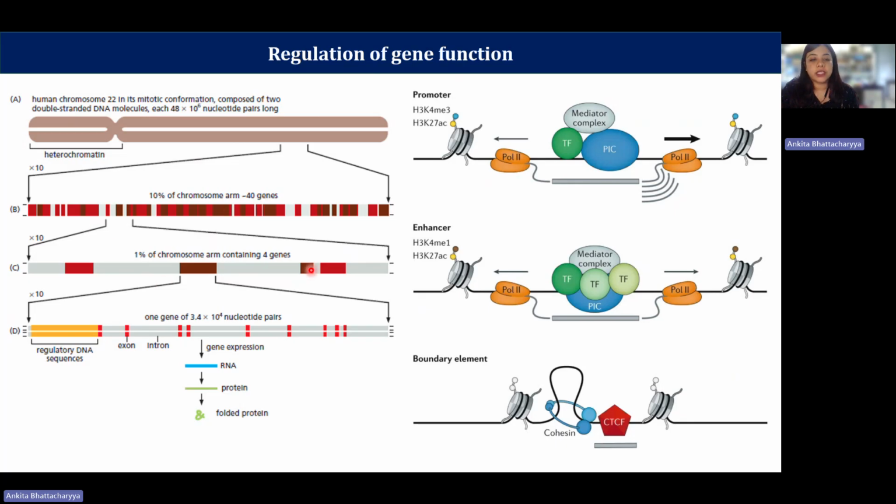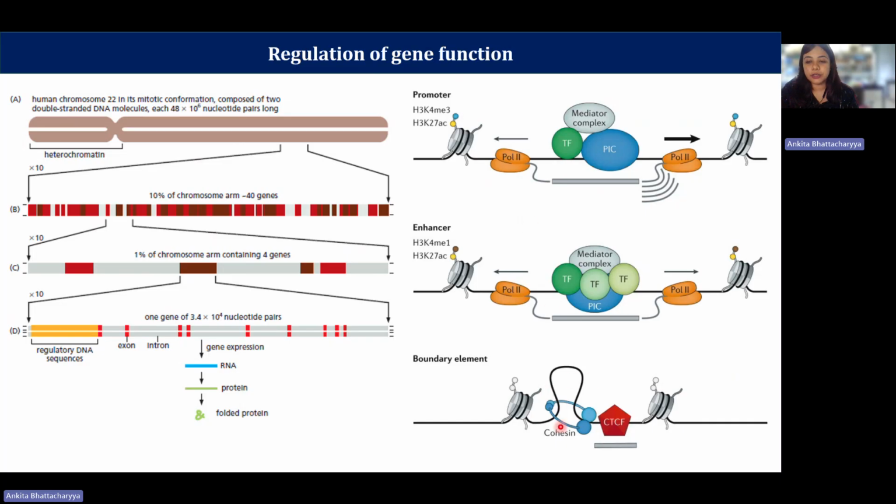From there, 1% only has 4 genes, and in one gene, you have 3.4 times 10 to the power 4, or around 34,000 base pairs that are present. That's a very big number. Then you have different chromatin architecture also having a role to play.